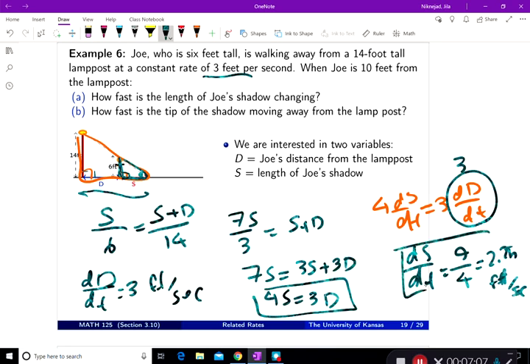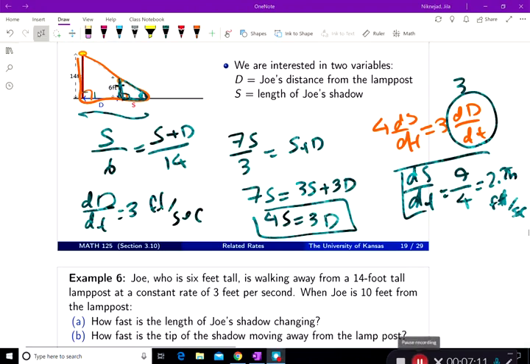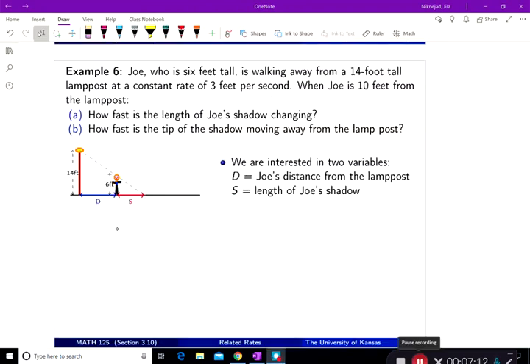Now let's come back and answer the second part of the question. In the first part, we calculated that dS/dt is 2.25 feet per second.